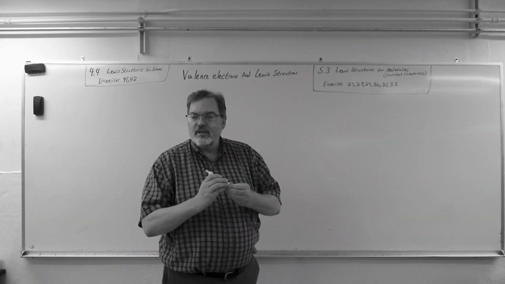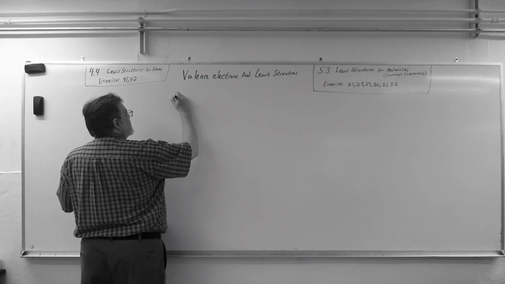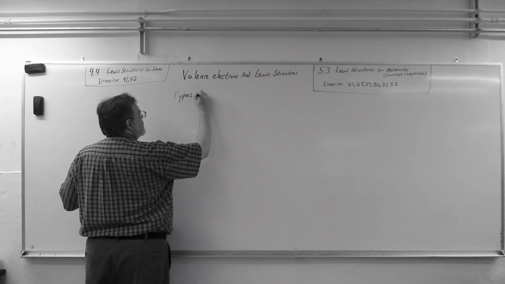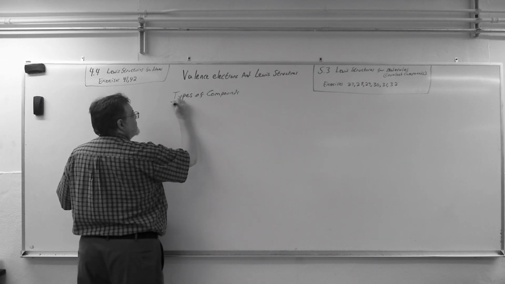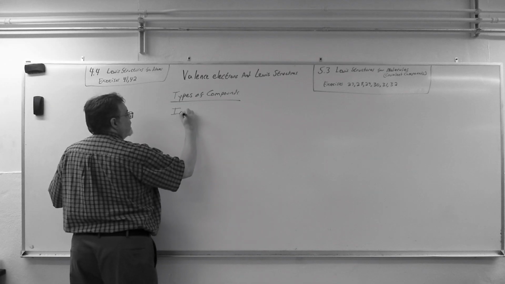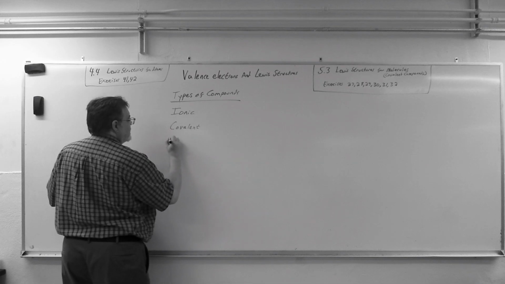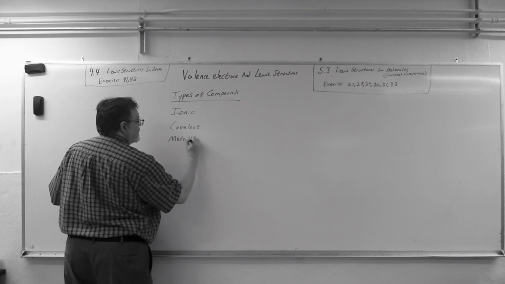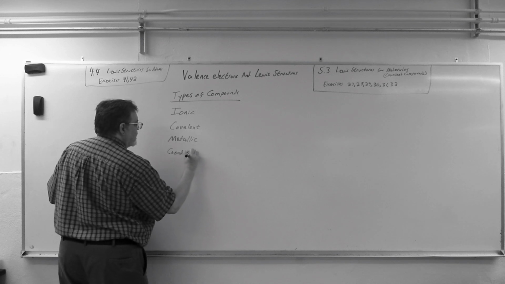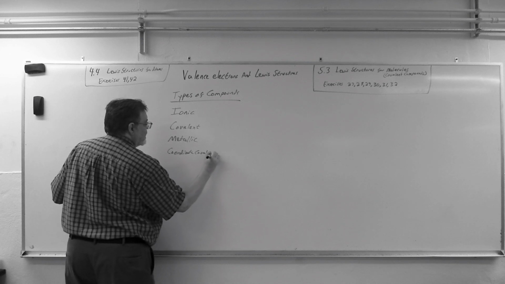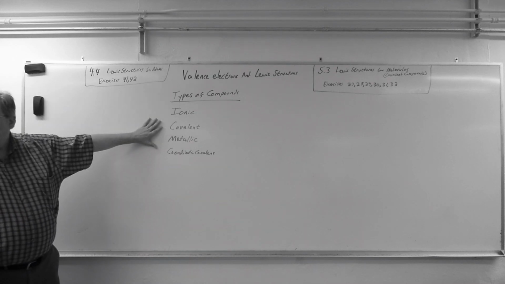Okay, what we're starting now is, see if you remember me telling you this. Of the types of compounds, there's ionic, covalent, and the four different types of compounds that exist throughout the universe.